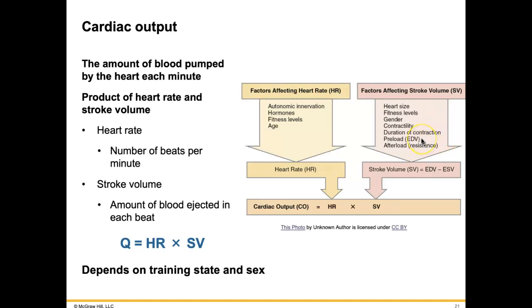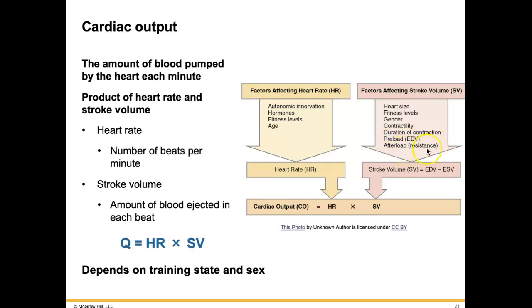So our preload has to do with when our ventricles are relaxed and blood is flowing into that ventricle, the volume of blood right before that ventricle contracts, that's called the preload. It's the amount of blood that we are able to keep in that ventricle.